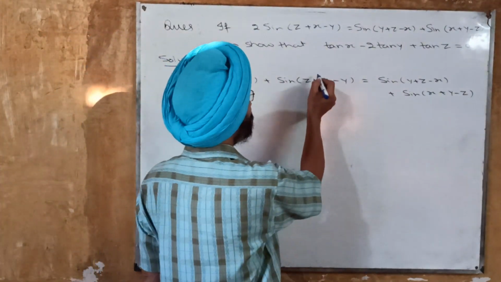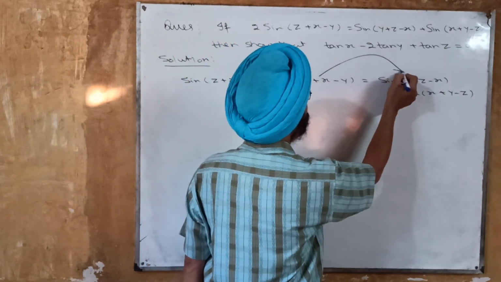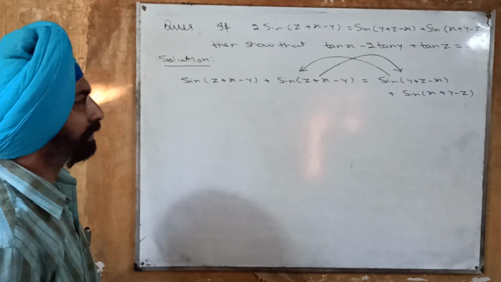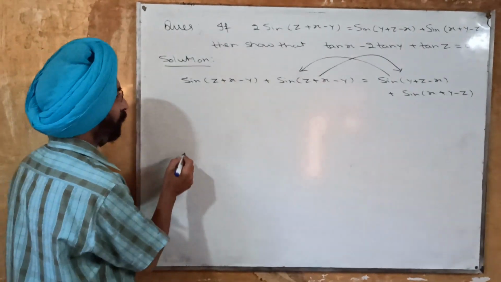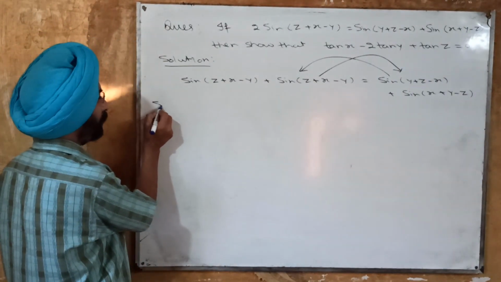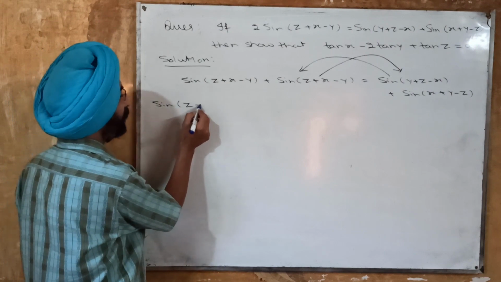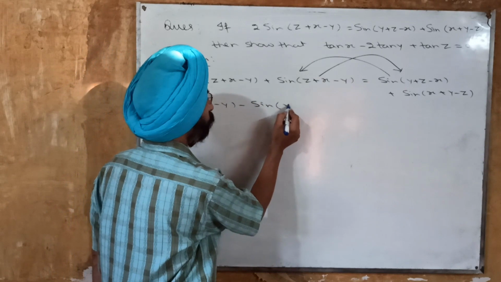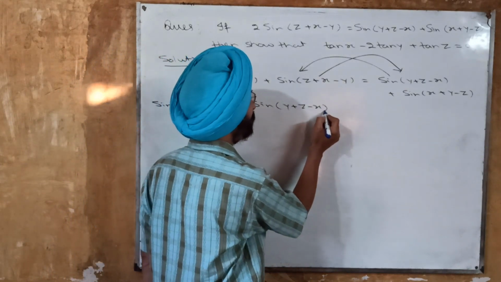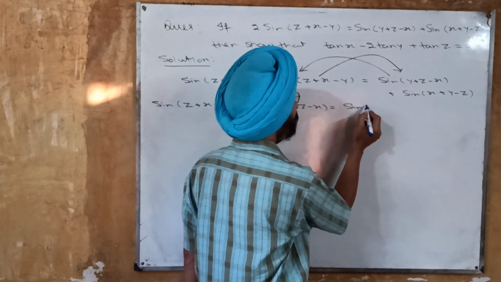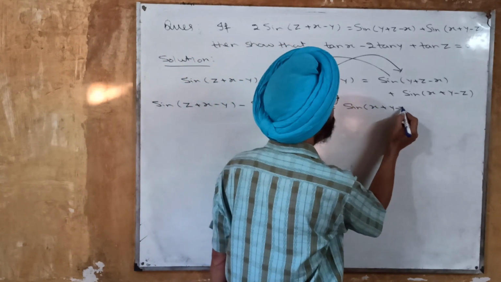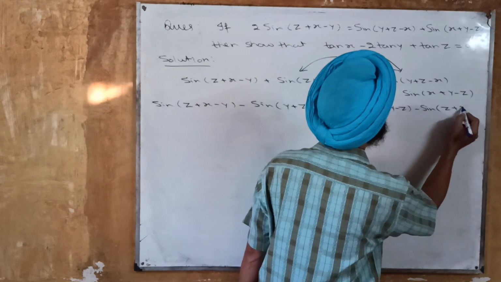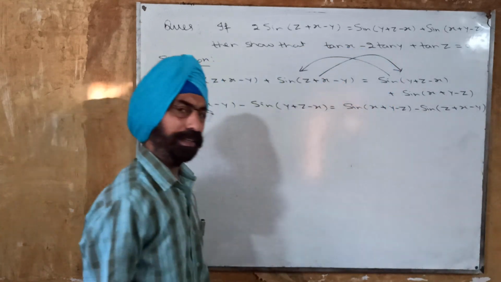Now I will take this term to the right hand side and this term to the left hand side. So what I will get then? This will become sine z plus x minus y minus sine y plus z minus x is equal to sine x plus y minus z minus sine z plus x minus y.